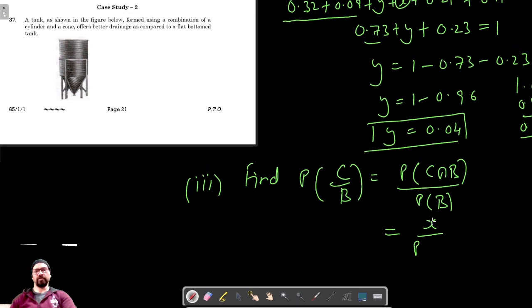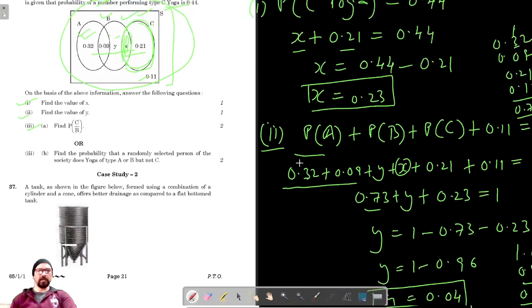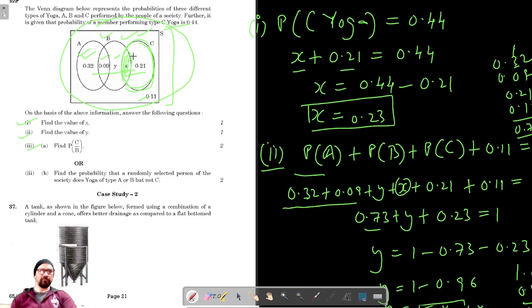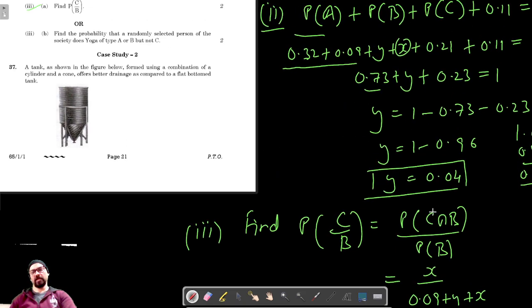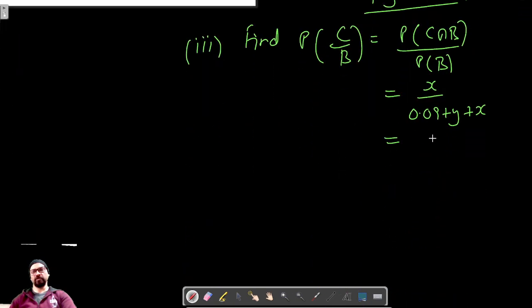Now the probability of B from the Venn diagram is 0.09 plus y plus x, and we know all of these values. x was 0.23, so this is 0.23 over 0.09 plus y, which is 0.04, plus 0.23.